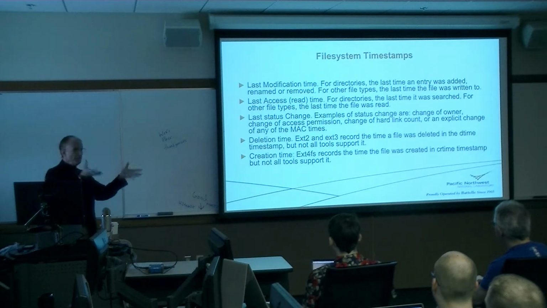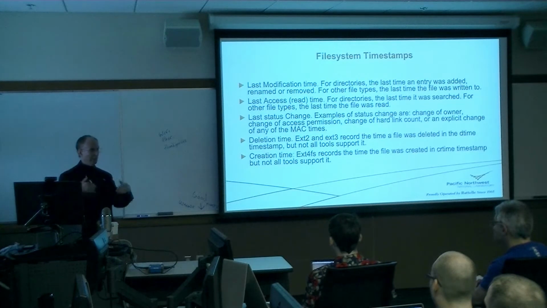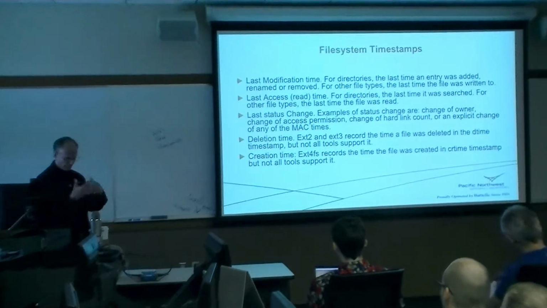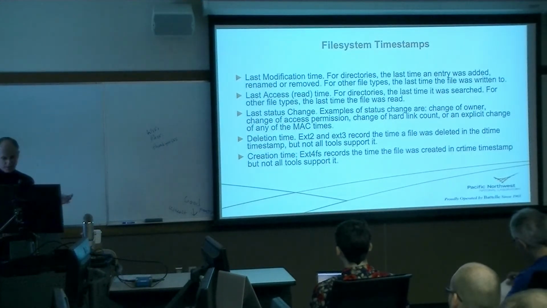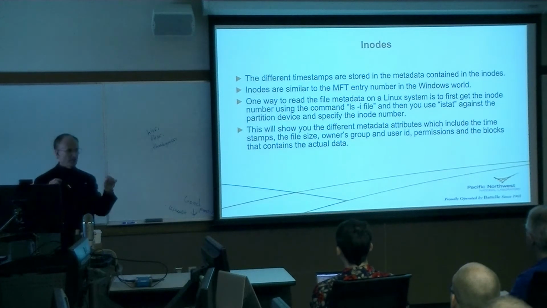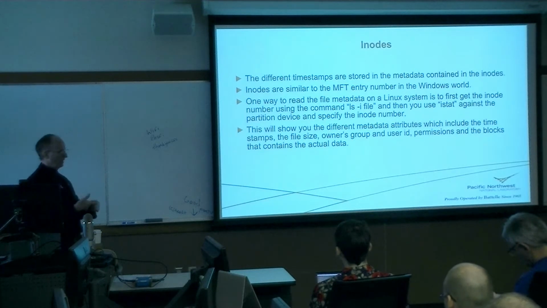Where is this information kept? This is what's called metadata. It's data about data, and different file systems do this in different ways. In Linux, it's kept in something called an inode, information node.